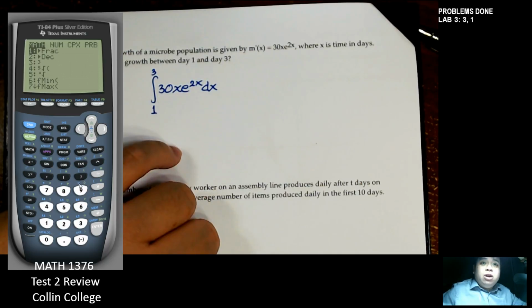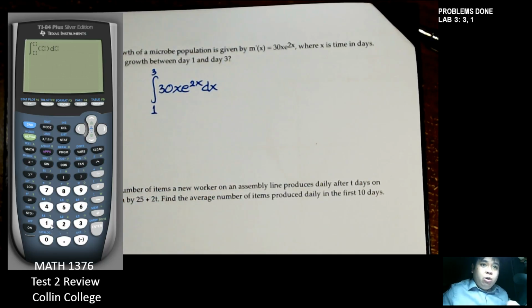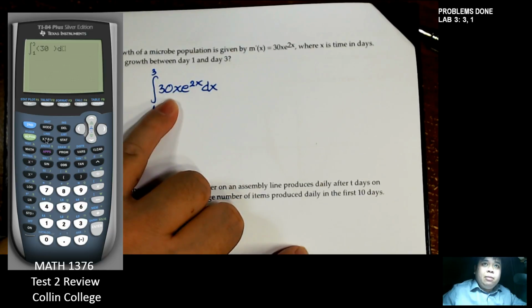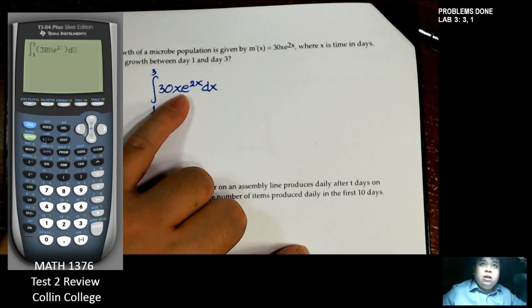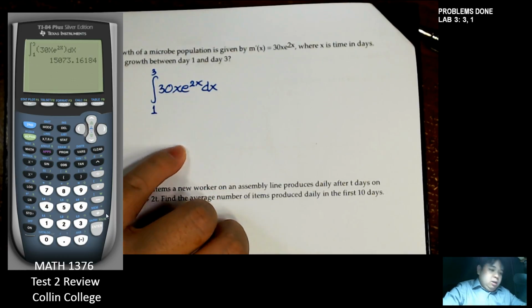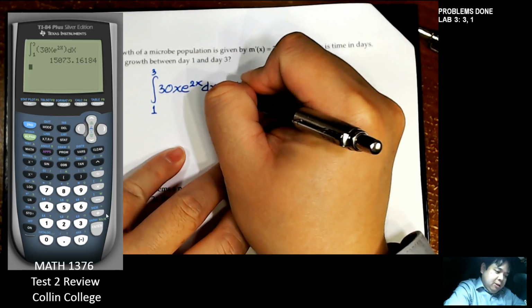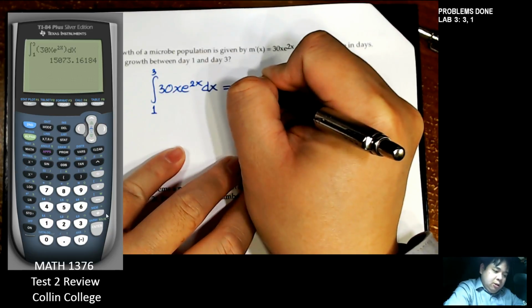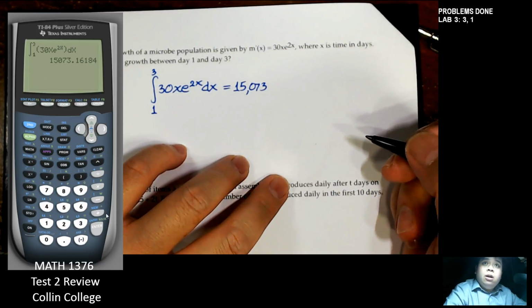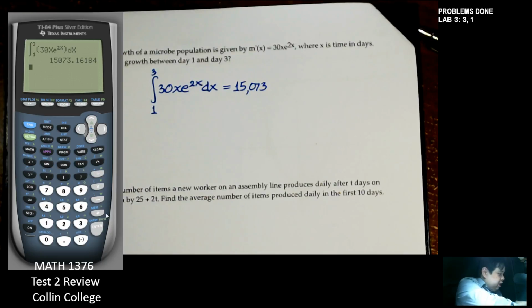Under math, option number 9, we have the integral that goes from 1 to 3, and the function is 30x e to the 2x. Right, check the answer.